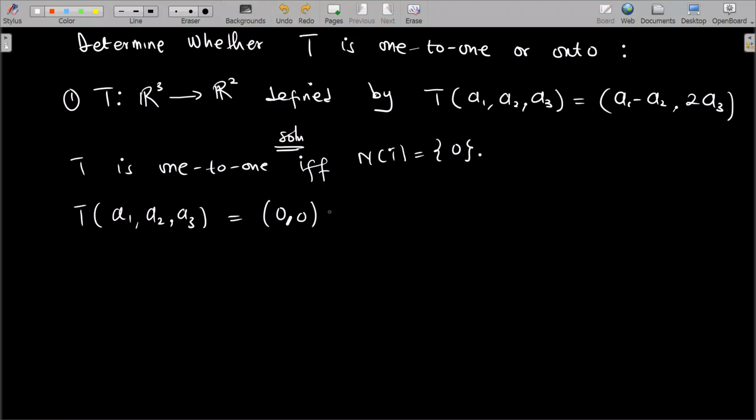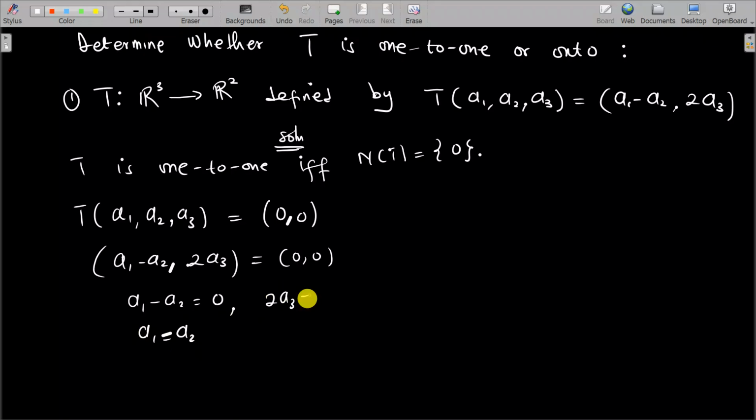And so what is the transformation of a1, a2, a3? It is given by a1 minus a2, 2a3, and that should be equal to the zero vector. This means a1 minus a2 is equal to 0, in which case a1 equals a2, and then 2a3 is equal to 0, so a3 is equal to 0.